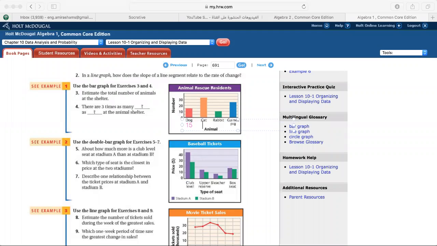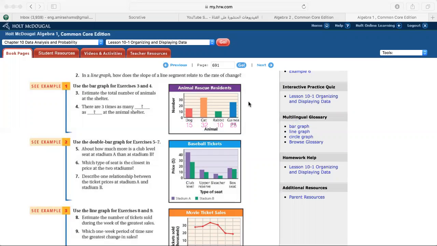We said the cat is 32. And the rabbit is 10 here, not 15. It is 10. And this one is 25.